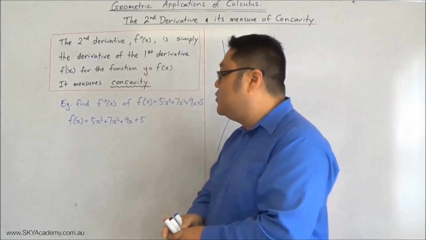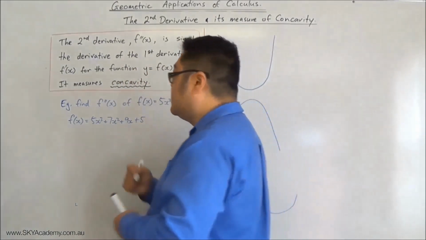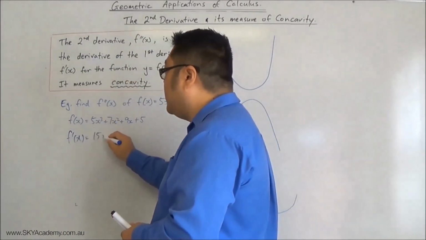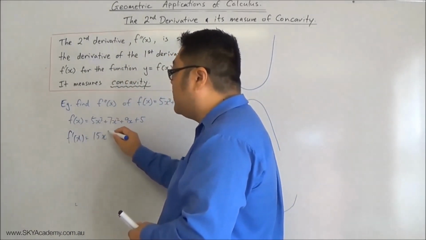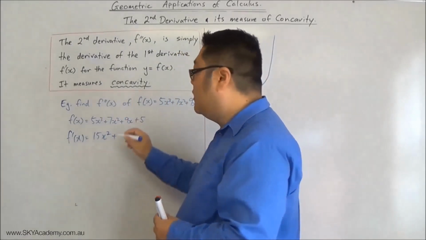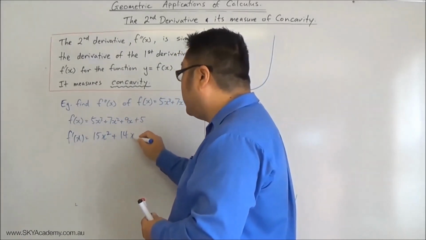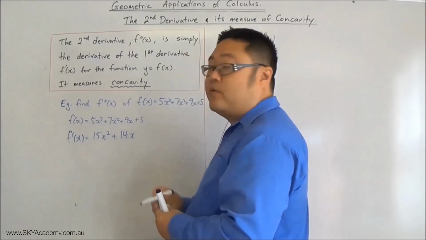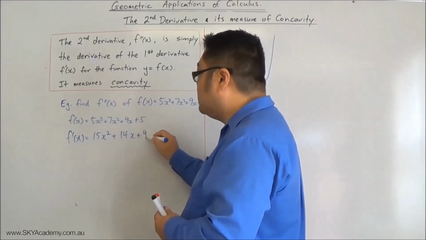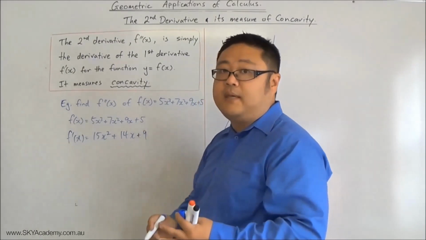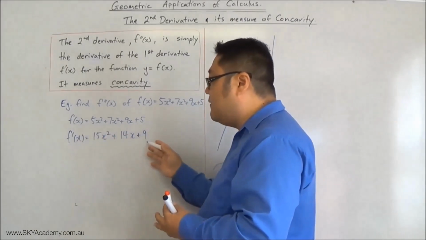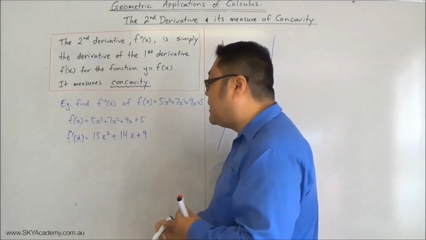So f dash of x would be equal to 3 times 5, which is 15, x, 1 off the power, 3 becomes 2, plus 7 times 2, which is 14, take 1 off the power, and it just remains x. 9x just becomes 9, and the 5 disappears. So your first derivative of the function looks like that, 15x squared plus 14x plus 9.